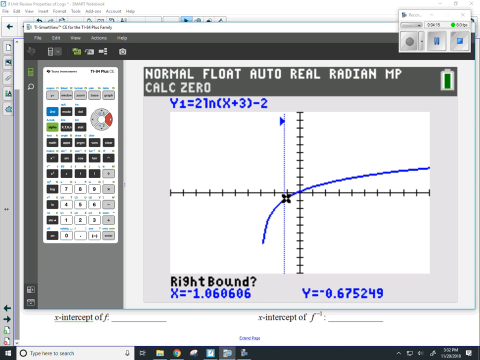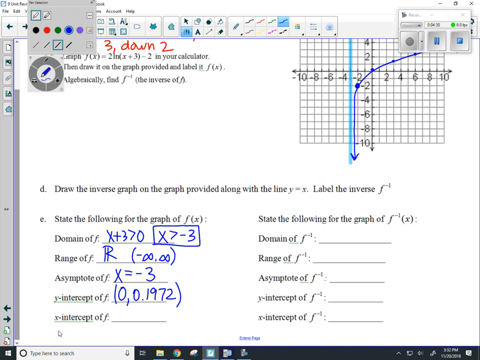I'm going to go to the right of the x-intercept, hit enter, and I'm not going to move it to guess. And it looks like our x-intercept is at (-0.2817, 0). Alright, you'll see why I had you find those in just a second.